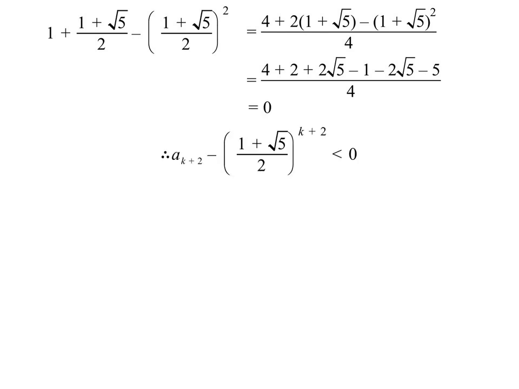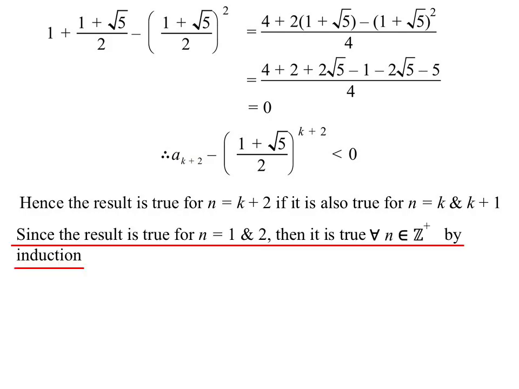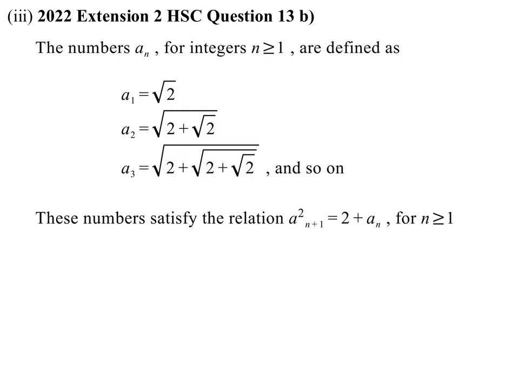It's less than 0 there, because if you read down your inequality, we had already said it was less than that expression here. And so we're saying it's less than something that's equal to 0. All right. I've got the expression that I want. So yep, it's true for k plus 2 if it was true for k and k plus 1. But hey, we know it's true for 1 and 2, so it's got to be true for all of them by induction.